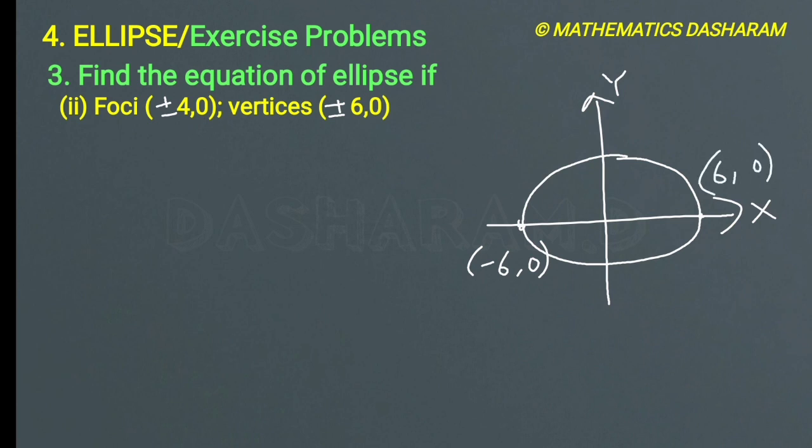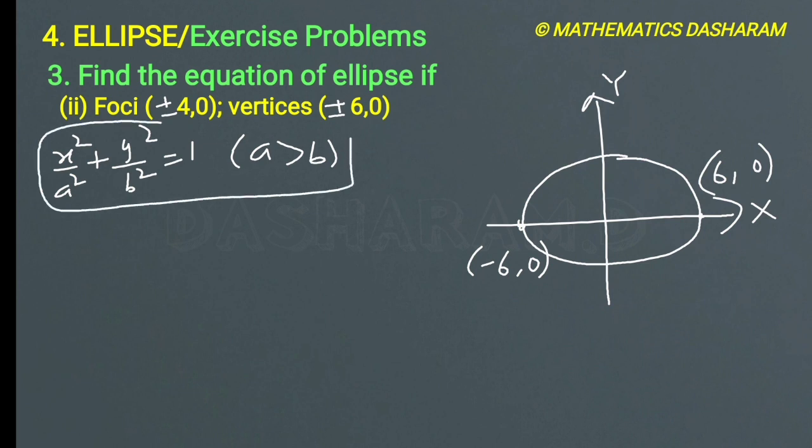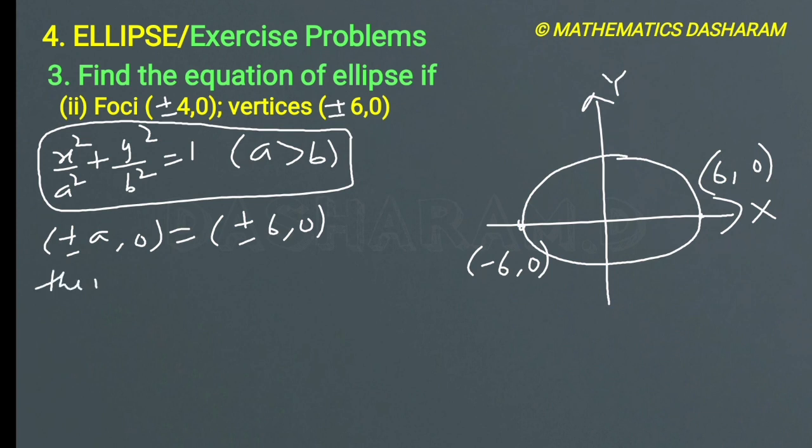In this case the standard form of an ellipse is x square divided by a square plus y square divided by b square equals 1, where a is greater than b. Okay, a is greater than b. So then when a is greater than b, the vertices are plus or minus a comma 0, but in the question he gave vertices plus or minus 6 comma 0, so then a value is 6.